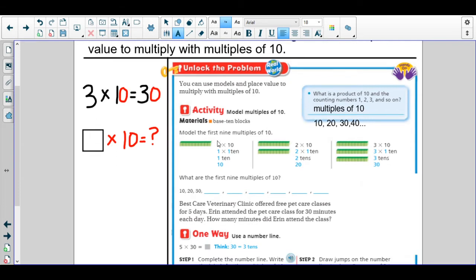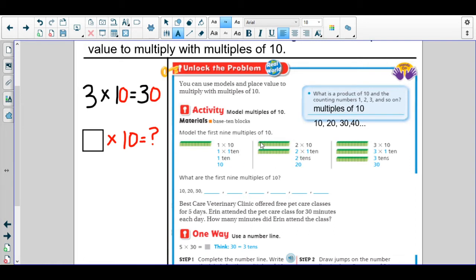So right here we have this model we're going to work through. All right, so we're going to show 1 times 10. So here is 1 unit block right here. When I have 1 of the 10 blocks, I have 1 ten, which is 10. Right here I have 2 times 10.